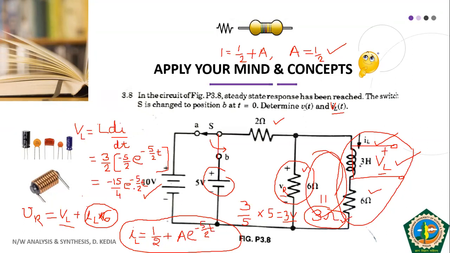VL we already have. Then you solve this equation and you will be able to find out VR, which is nothing but the value of VT. So I'm not going after the complete solution. It is just simple mathematics. You can work out that and you'll be able to find the correct answer.